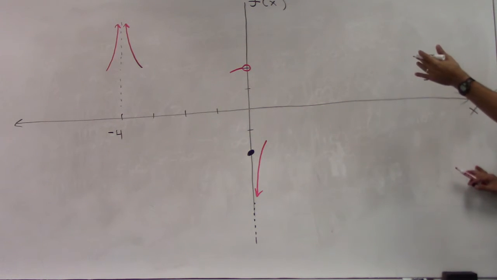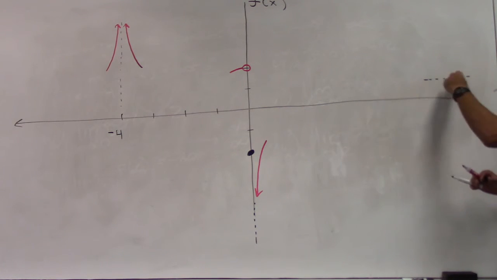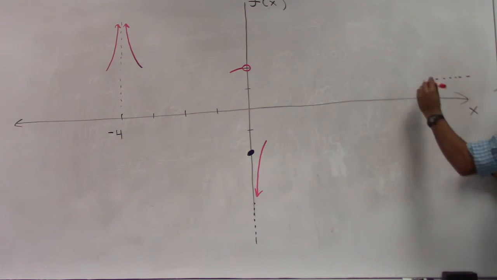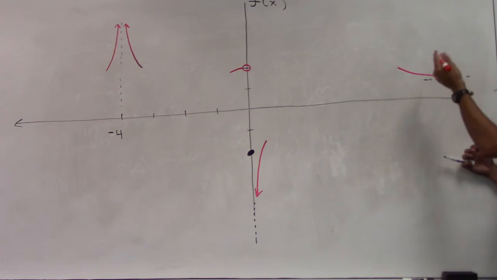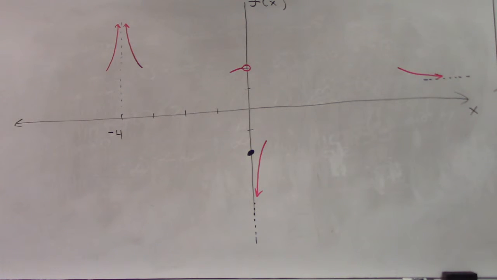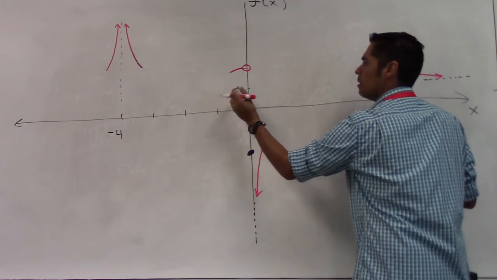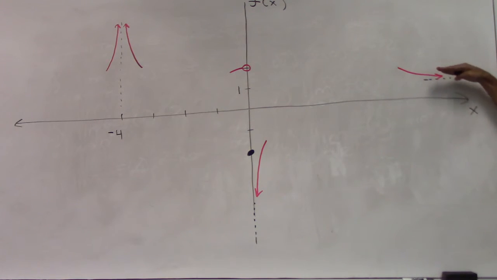Wherever it comes from, I don't know where it's going to come from, it's going to wind up here, getting closer and closer to that line. So it could come in like this, or it could have come in like this. It could have done a lot of things, but that would be sufficient for us. What do we still call this? Asymptote of 1? This is 1. Horizontal asymptote at 1, because as we go to infinity, the function's getting closer to 1. Okay.